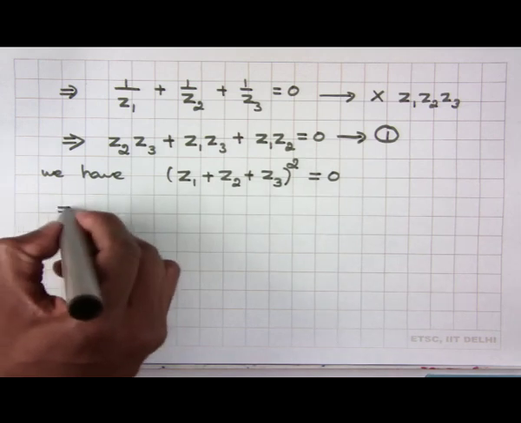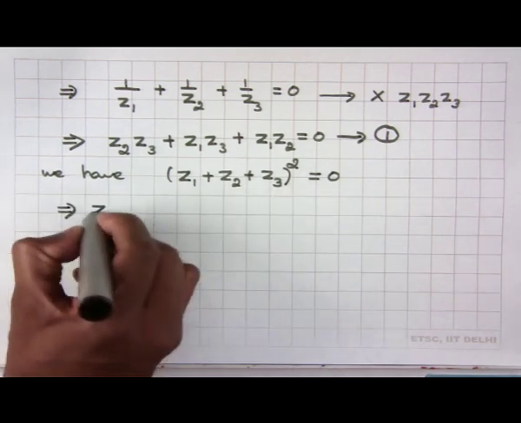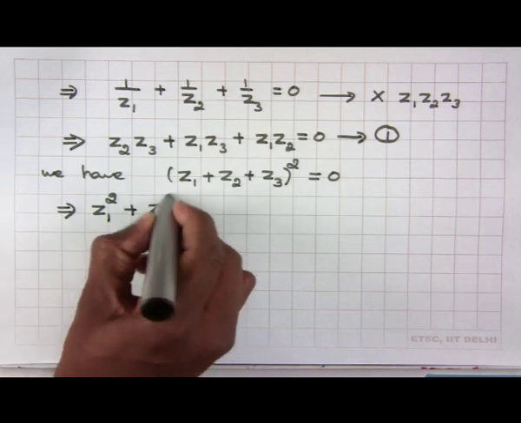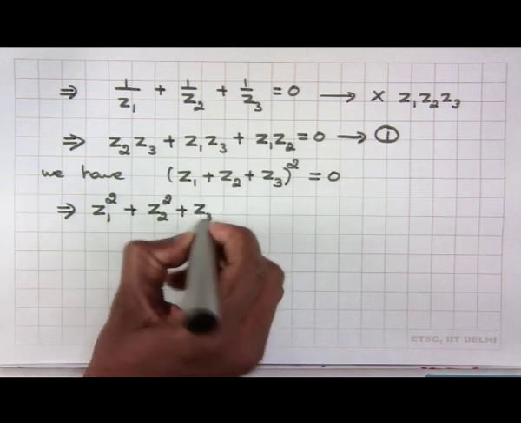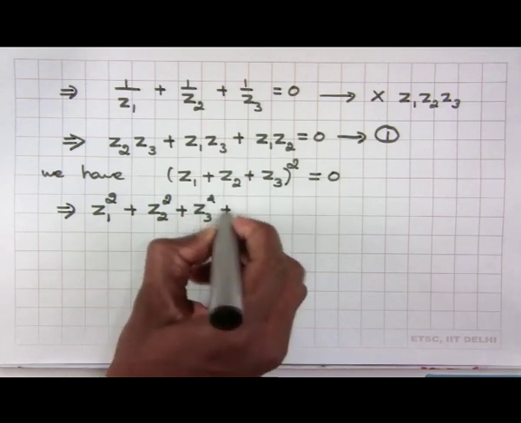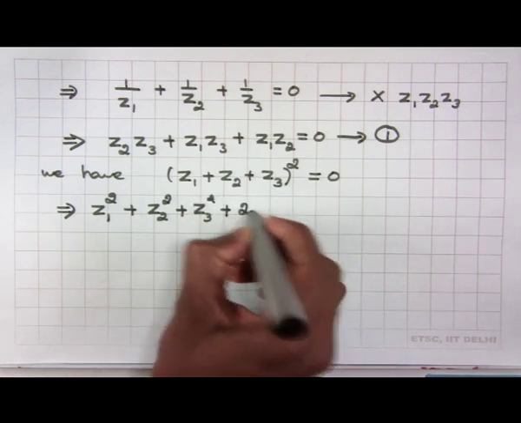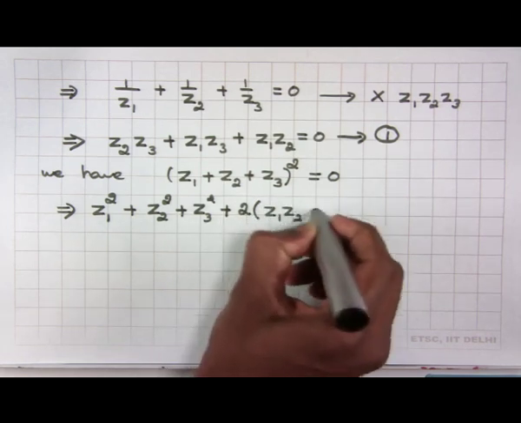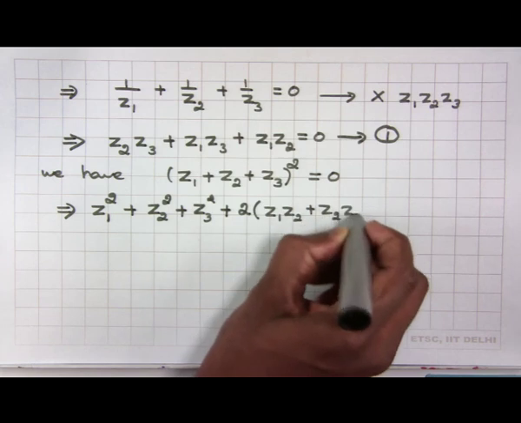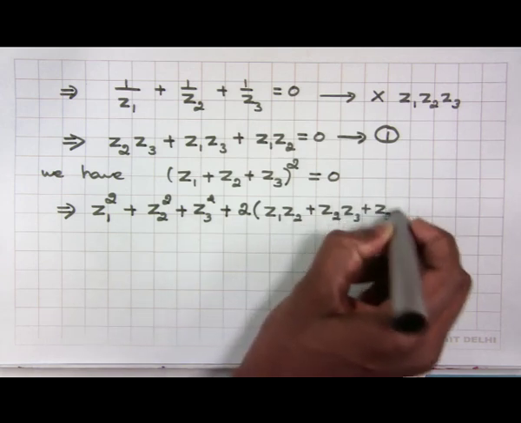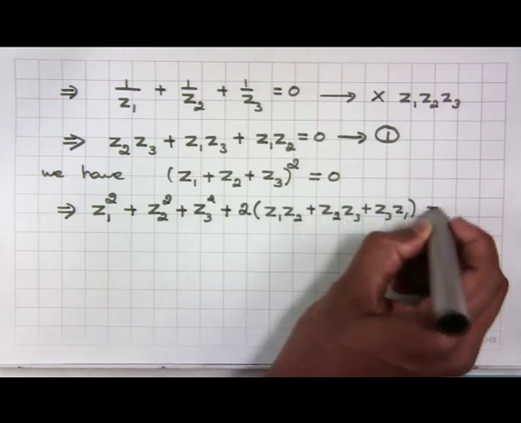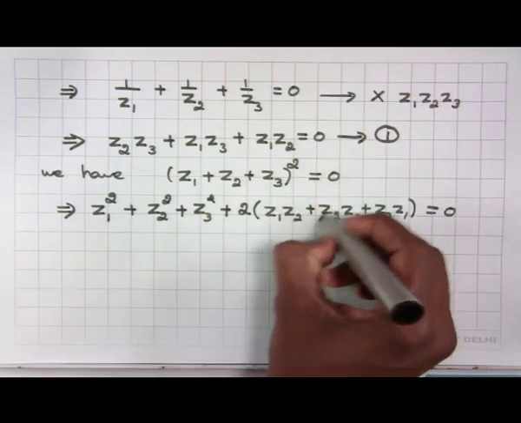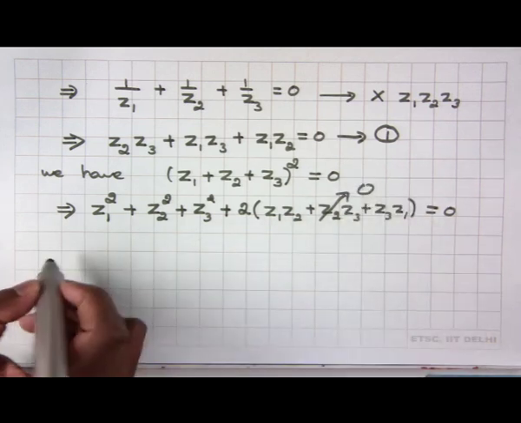Expanding it, we get Z1 square plus Z2 square plus Z3 square plus 2 times Z1 Z2 plus Z2 Z3 plus Z3 Z1 is equal to 0, and by equation 1 this factor is 0.